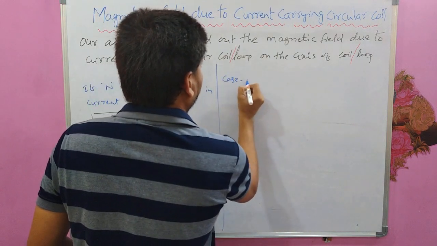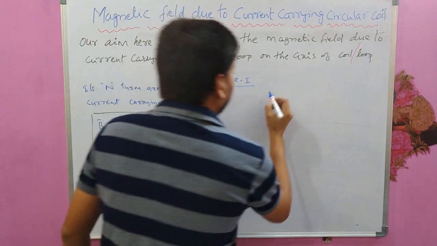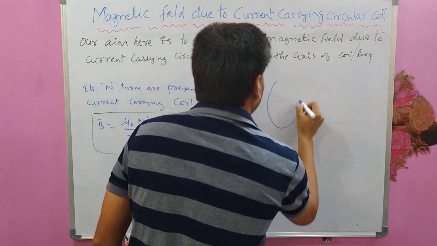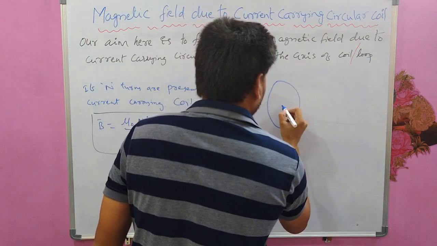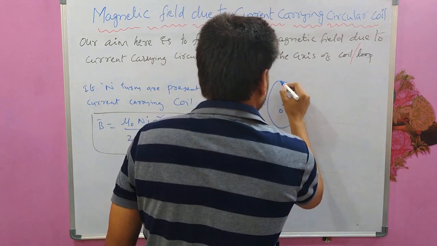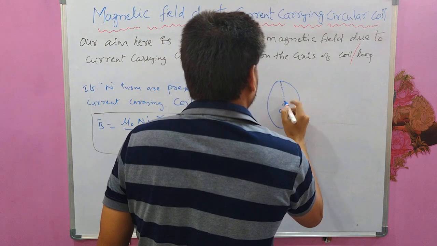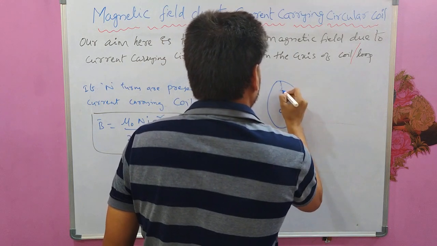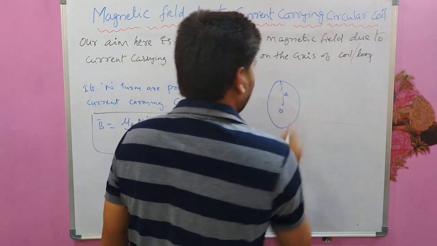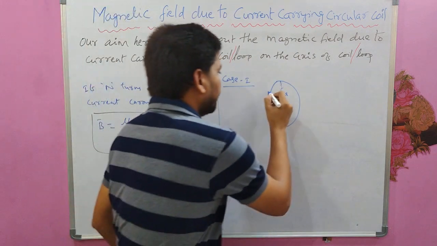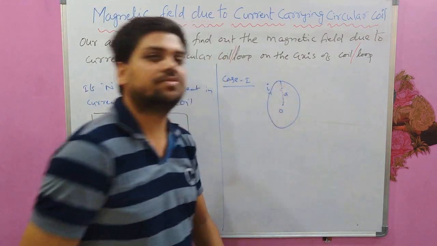Case 1, the magnetic field at the center of the coil, whose radius is small a and some current I is flowing in this way.